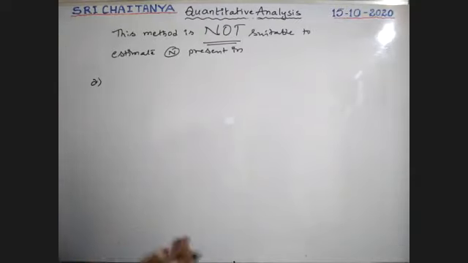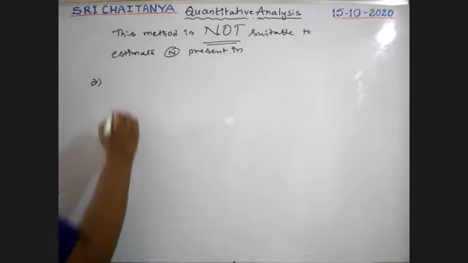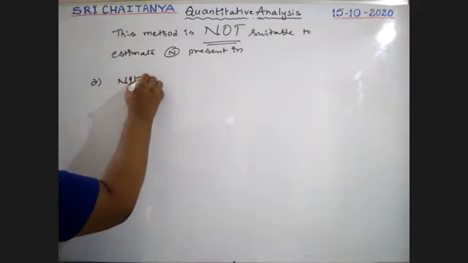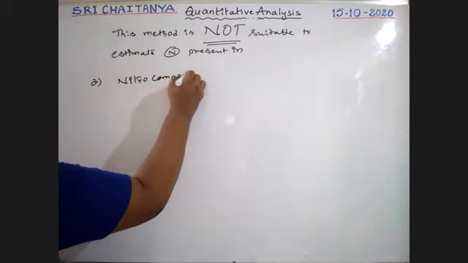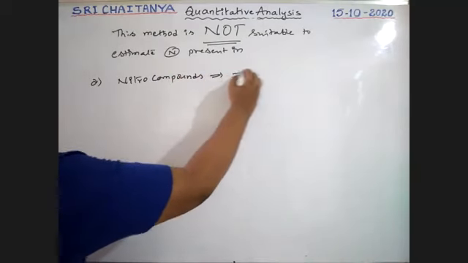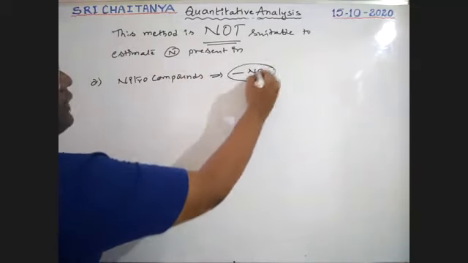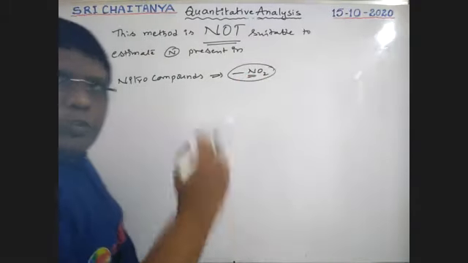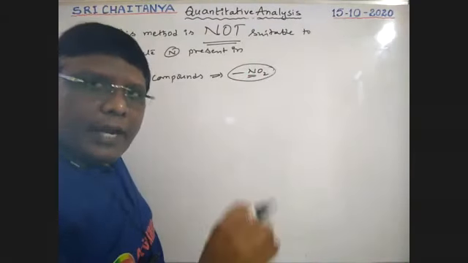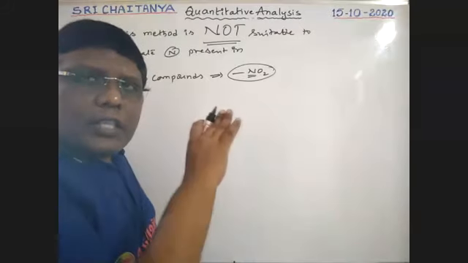From where is nitrogen not possible here? The first one is nitro compounds, that means compounds having the NO2 group, boys. Here nitrogen is there, but it is not possible to find out that nitrogen. So for nitro compounds, the Kjeldahl method is not applicable.